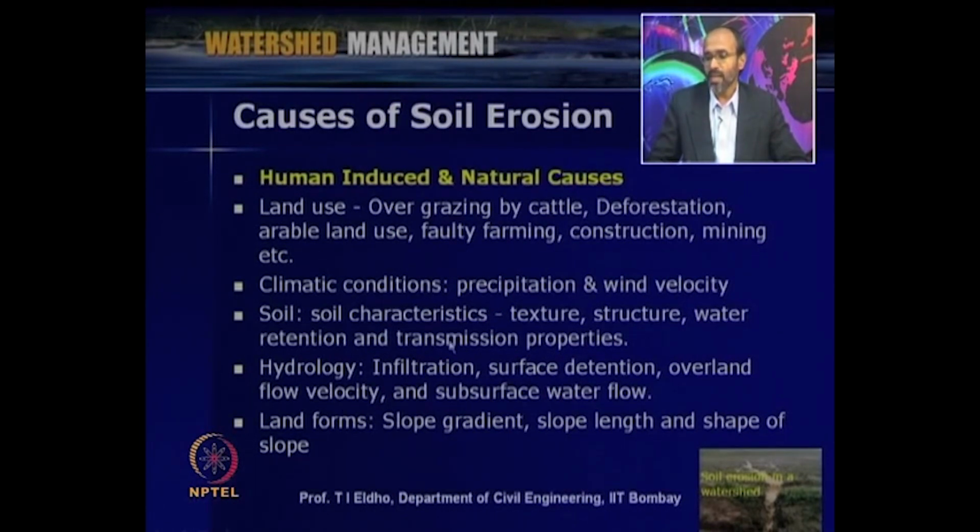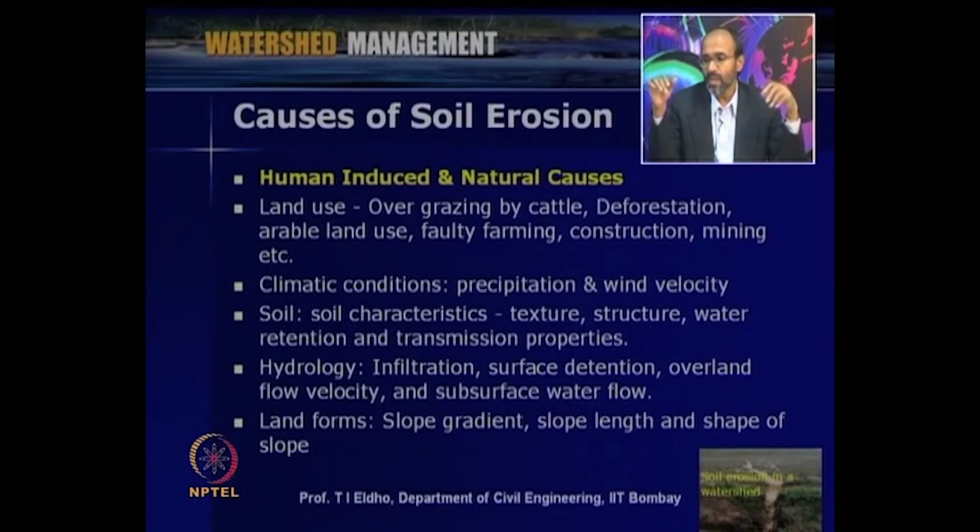Then as far as land geography is concerned, you can see the slope of the land, slope length, shape of slope, so the total physiography of the land. All these contribute a lot to soil erosion in a watershed.